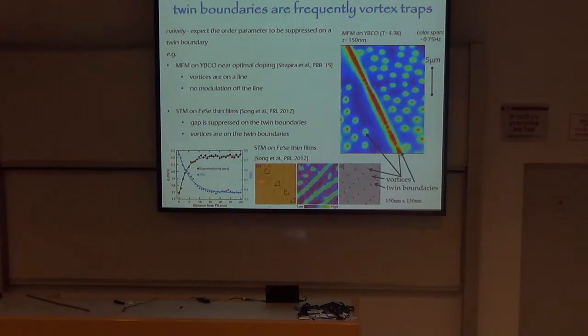This is also the case in this iron-based superconductor, iron selenide. Here's an STM measurement of the gap, and you see that the gap is suppressed on twin boundaries, and indeed they act as traps for vortices. So you can see that they extracted locations of vortices, and they sit on twin boundaries. And this was our guess for our sample as well.